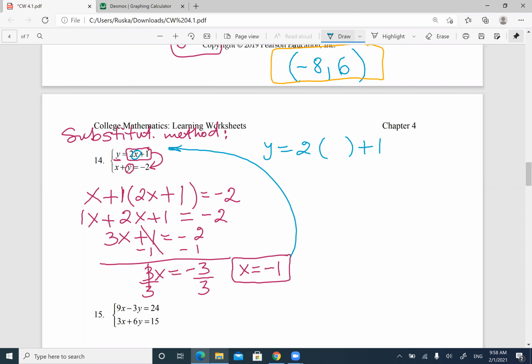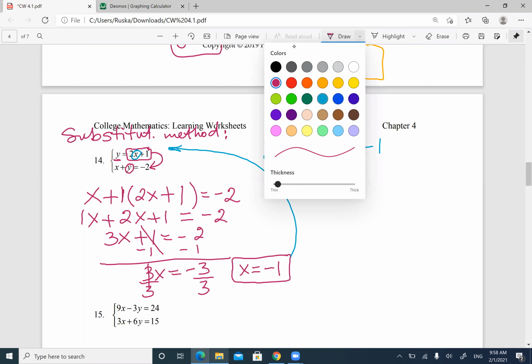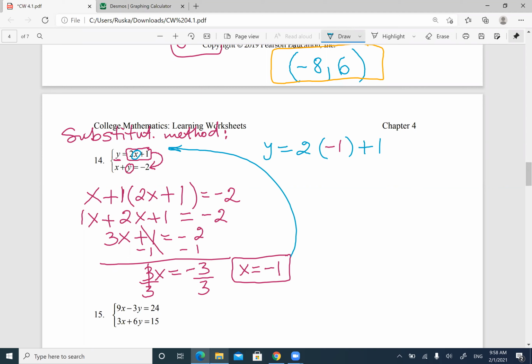And what was x? Negative 1. And then you're going to simplify. So how do you simplify? 2 times negative 1 is negative 2, plus 1 is negative 1. So you get y equals negative 1. So these are my two numbers for x and y.